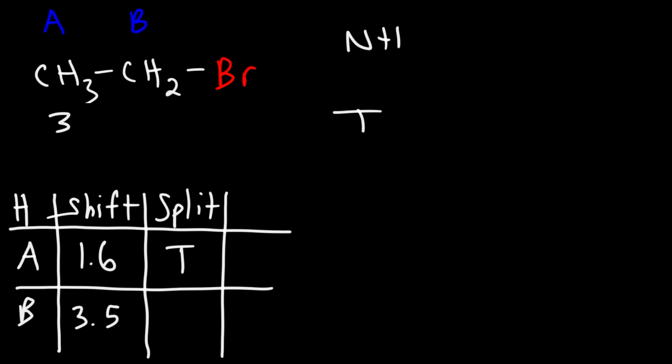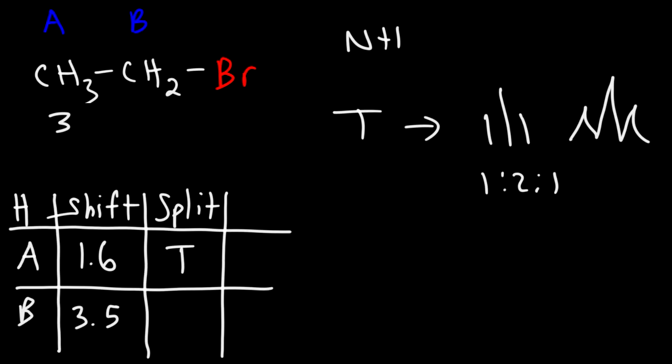Now a triplet looks like this. It has an intensity ratio of 1 to 2 to 1. You could also draw it this way if you want to, but I prefer the stick method. Now let's move on to the next one, proton B. To analyze the splitting pattern for proton B, we need to look at the adjacent carbon, which has 3 hydrogen atoms.